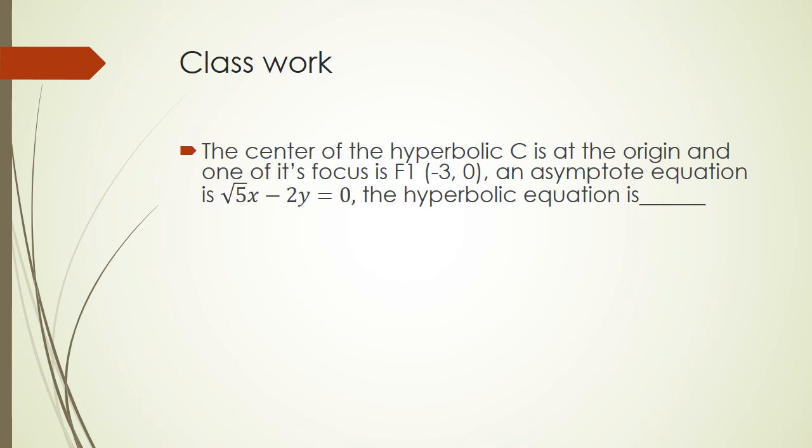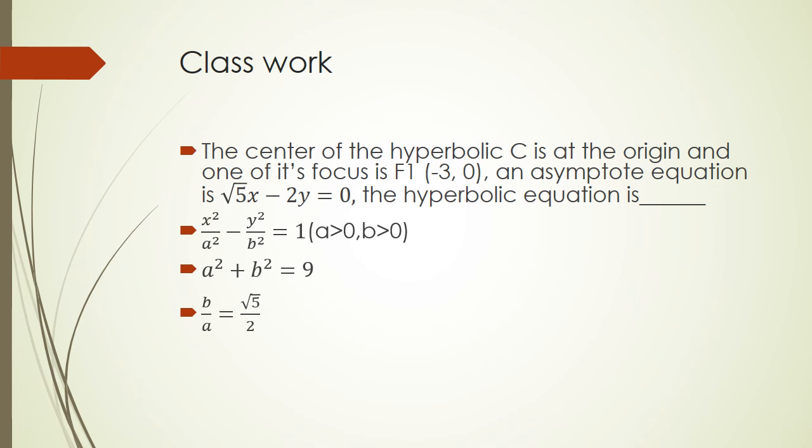The hyperbolic equation is: first, we set C as x squared over a squared minus y squared over b squared equals 1. Then we can set the equation a squared plus b squared equals 9, and b over a equals the square root of 5 over 2. Then we can easily get that a squared equals 4, b squared equals 5. So here's our standard equation.